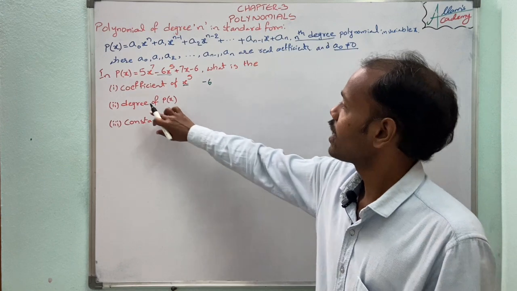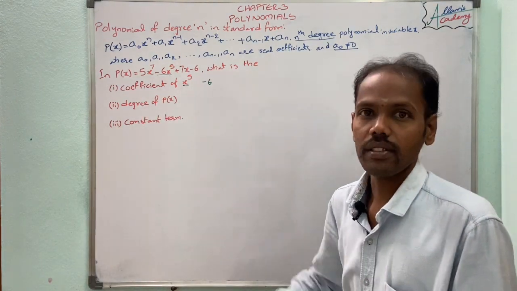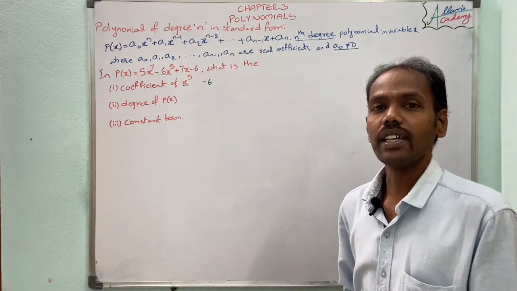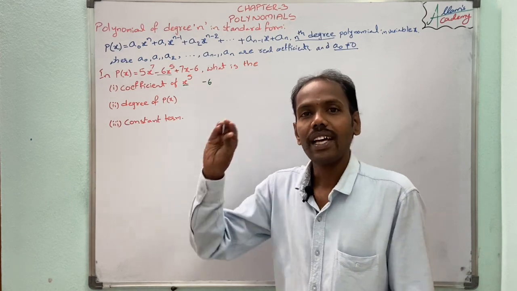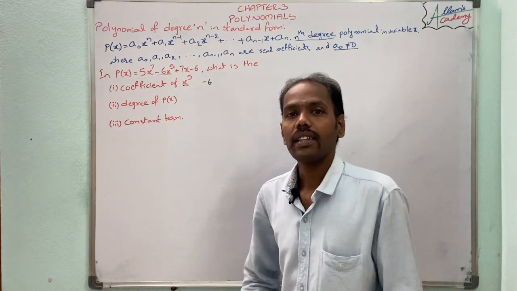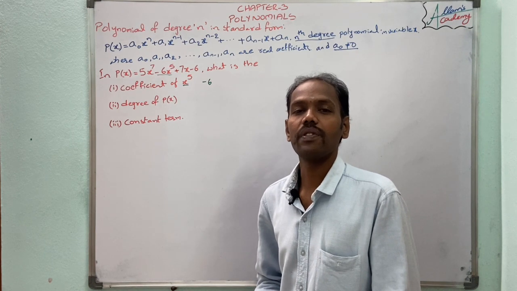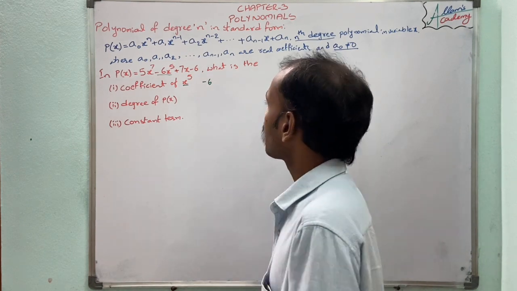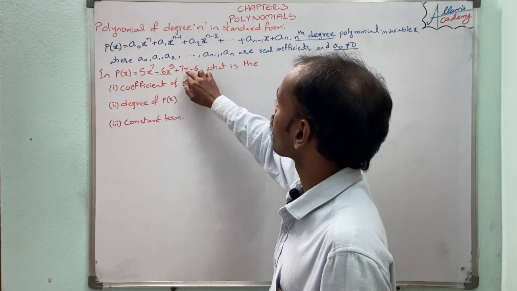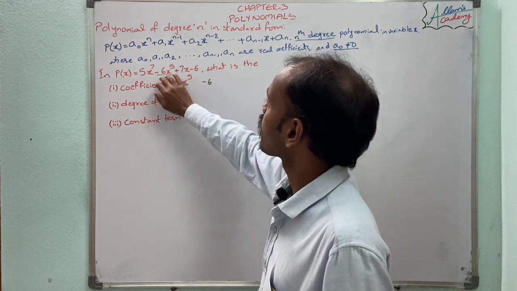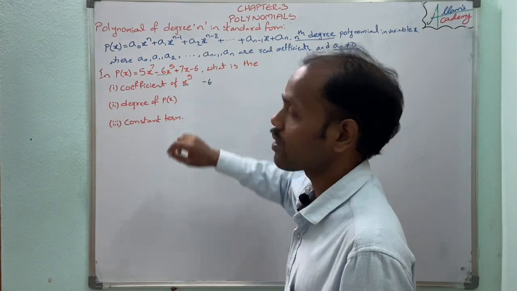Next question, the degree of p of x. Degree means the highest power, the highest exponent among the terms. There are 4 terms, and the common variable is x.